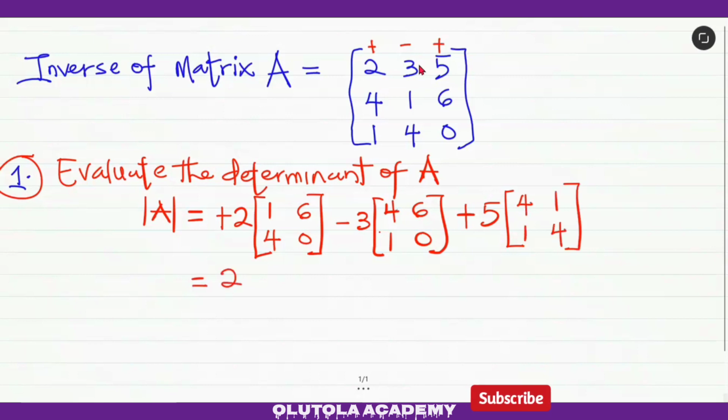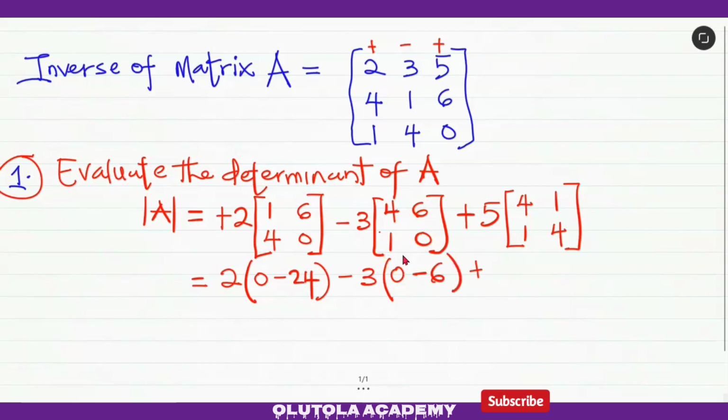So 2 into bracket is 0 minus 24. That is 1 times 0, that's 0. Then minus 6 times 4, which is 24. So I close my bracket. Minus 3 into bracket 4 times 0 will give us 0 minus 1 times 6, which is 6.